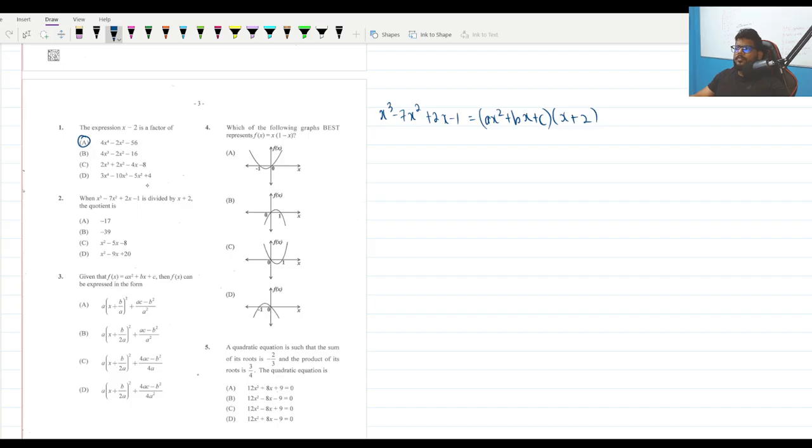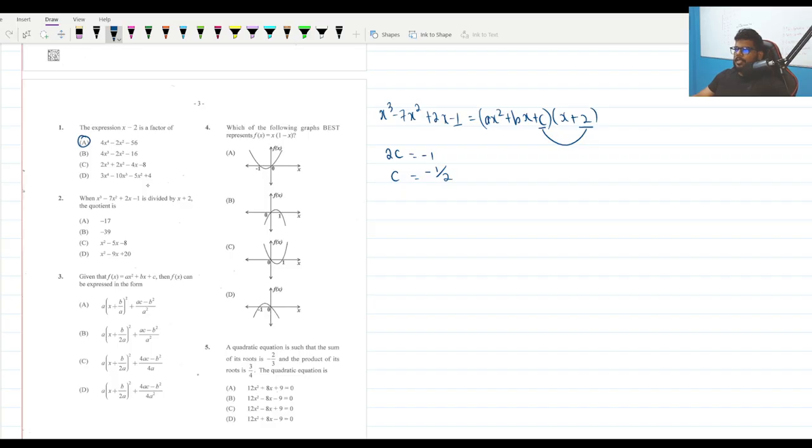The first term in our first bracket multiplied by the first term in our next bracket will always give us the first term. Same thing with the last term. So I'm going to perform this with the last term. So c multiplied by 2 is supposed to give me minus 1. So 2c is equal to minus 1, and c in the quadratic will be equal to minus 1 over 2.